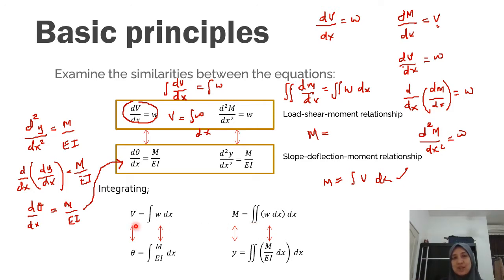It's just that rather than shear you have rotation, rather than load you have M over EI, and rather than moment you have deflection. So we are going to tap into this similarity and use the conjugate beam method to solve this problem by looking at these two similar relationships.